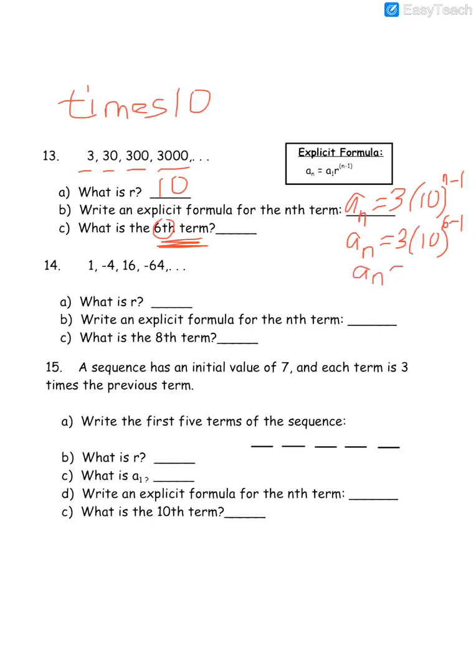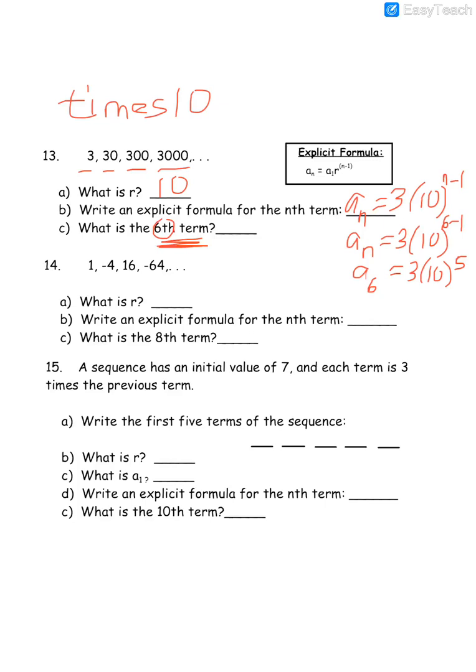And I'm going to do a sub n, or actually, it's not even a sub n. We are actually finding the 6th term. So we're doing a sub 6 equals 3 times 10, and it's going to be raised to the 5th power, because 6 minus 1 is actually equal to 5.